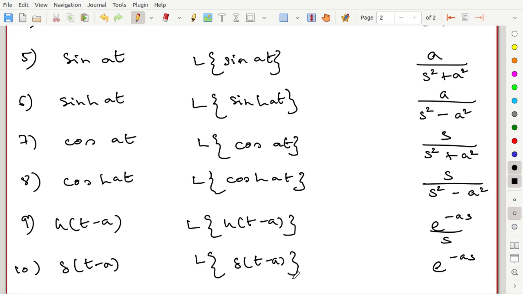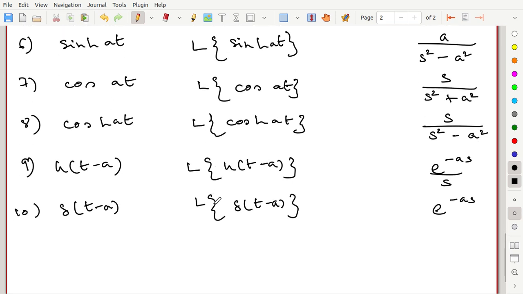In the properties we use the product of f of t and delta of t minus a. Here we just find the Laplace transform of the delta function. That's the difference. We are going to use the properties mentioned earlier along with these standard Laplace results to solve the problems.